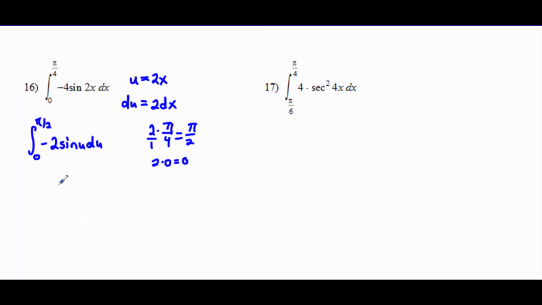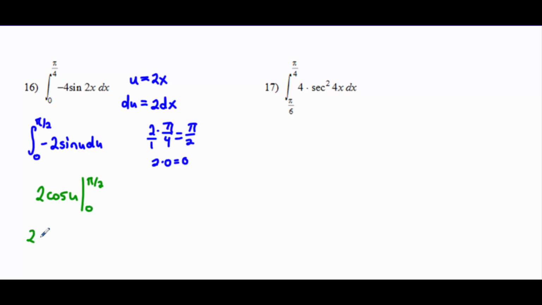So I have to say, well, what's the integral of sine? The integral of sine is negative cosine. And since it's already negative, that's going to cancel out and give me 2 cosine u. And I'm going to plug in pi over 2 and 0.